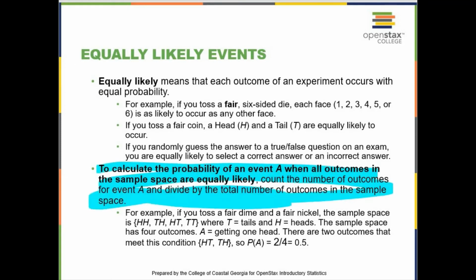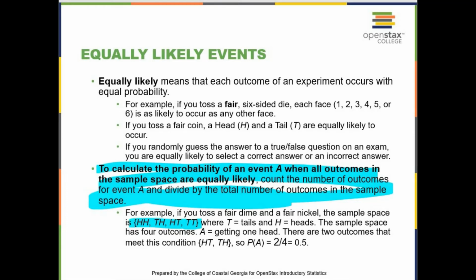For example, if you are going to toss two fair coins, let's say a dime and a nickel, then the sample space will look like this. Either we're going to get two heads, or a head and a tail, or a tail and a head, or two tails. In this case, because the coins are distinct, heads and tails is not the same as tails and heads. The sample space has 4 outcomes. Let's say that we have the event A, which is getting one head.